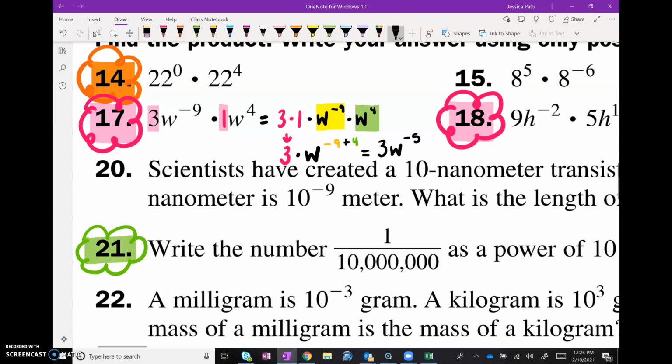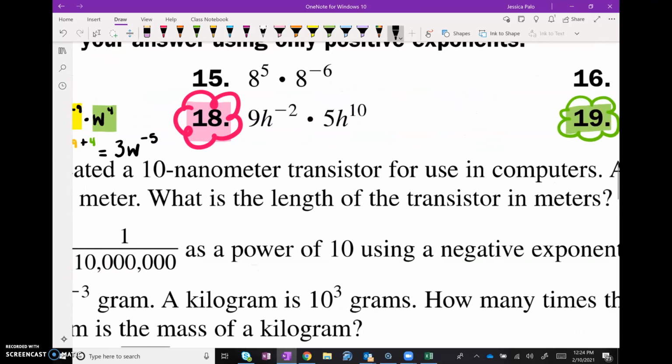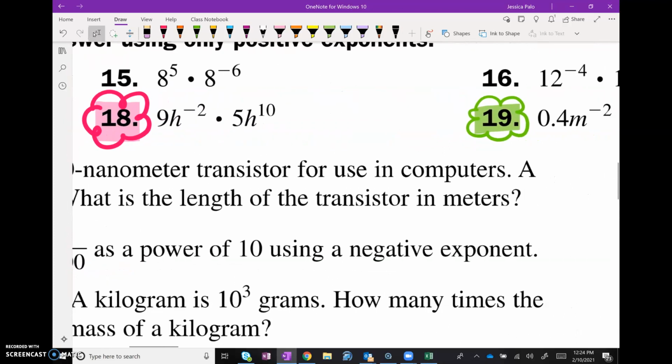Number 18 is very similar. Number 18 also has coefficients. This time, there's no invisible ones. So we are going to rewrite 9 times 5 first, and then rewrite our variables with their coefficients second.